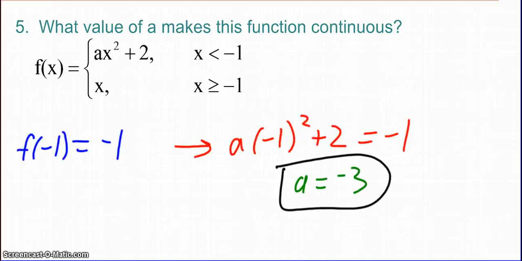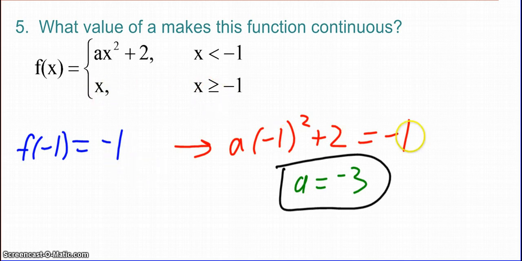Okay, so what I need to do here is recognize that at -1 the function does exist, so f of -1 is -1, and therefore in order for the function to be continuous, the other piece needs to be approaching -1, because I know that the limit from the right as x goes to -1 is -1.